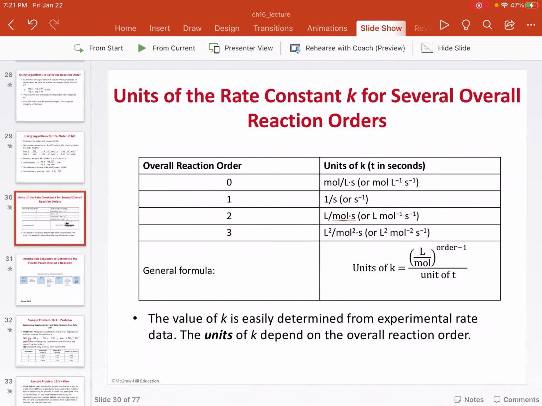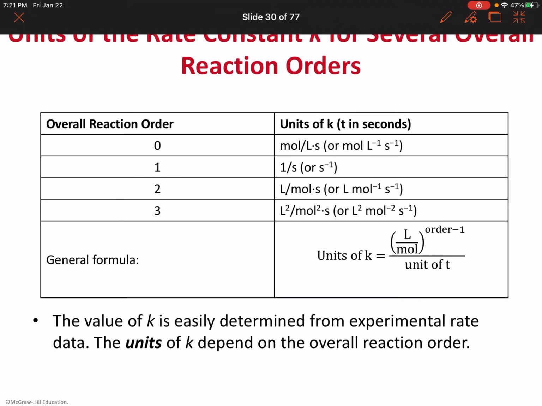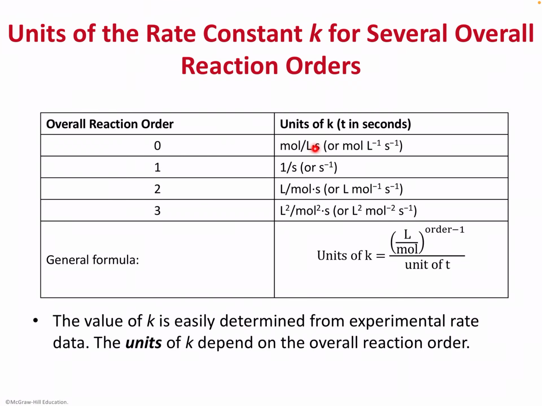If it is a zero order reaction, these are the units, moles per liter per second. If it is first order, 1 over s, 1 per second. So seconds could be minutes or hours. Still, if it is 1 over time units, that's a first order rate constant. If it is liters per mole per second, that is a second order rate constant. So from these units also we can identify whether a reaction is zero order, first order or second order.